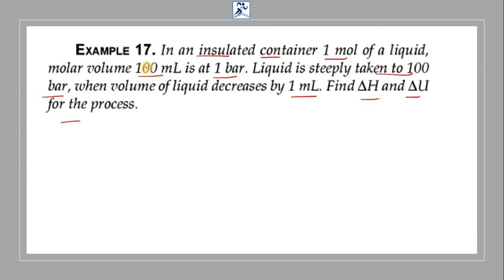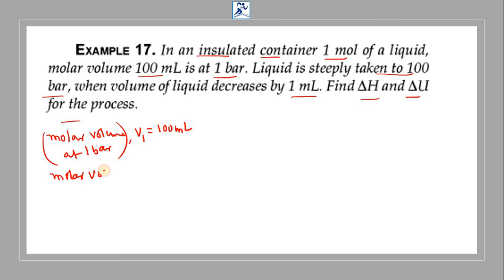Keep in mind, the molar volume of the liquid at 1 bar is how much? Considering this is V1, that is 100 ml. Similarly, the molar volume of the liquid at 100 bar pressure is how much?